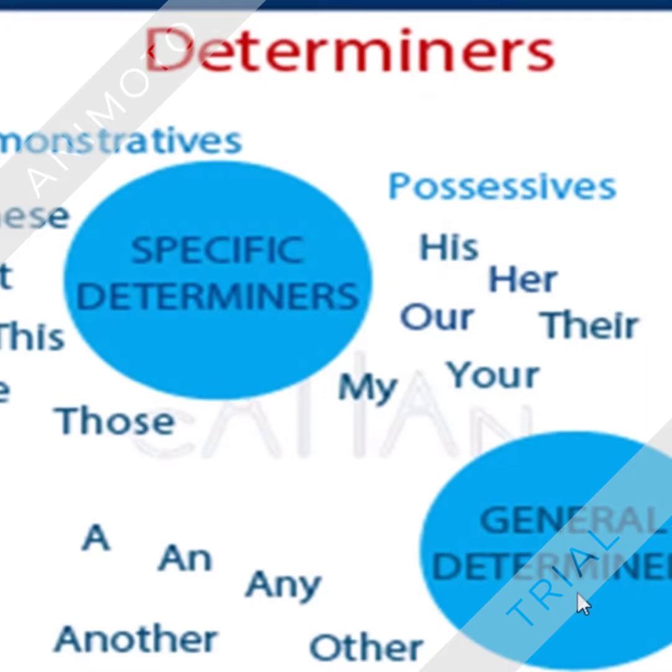So I'm not saying specifically which one, but I'm saying that it was blue, but it could be anyone. So we use a for general things or an when it's referring to one. We use another for singular or other for plural. And when we have already mentioned the noun, we can use the. Okay, that's specific.